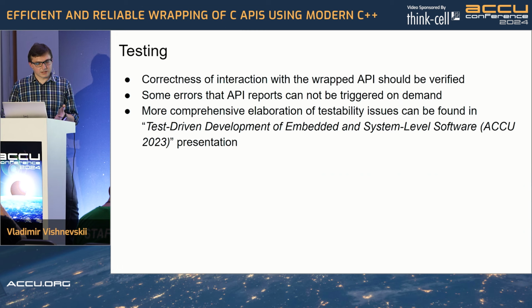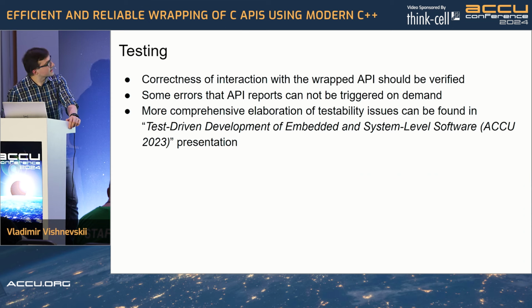We need to make sure that we follow the contract of interaction with the C API correctly, that we do not make mistakes, and that we have everything implemented in the way it was supposed to be used.